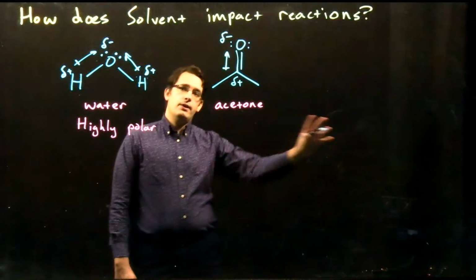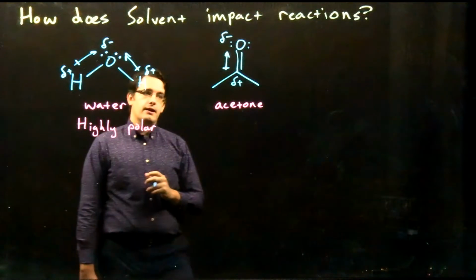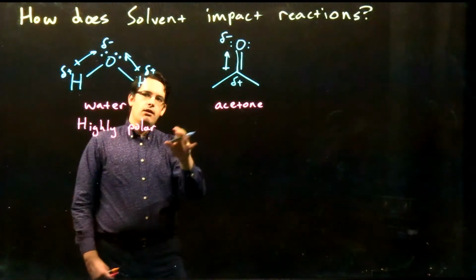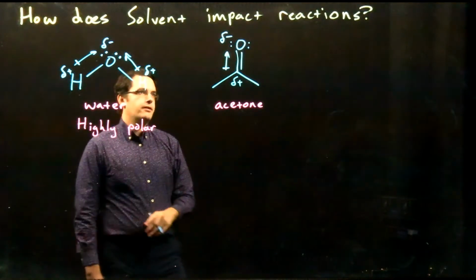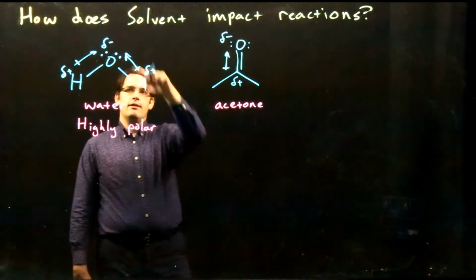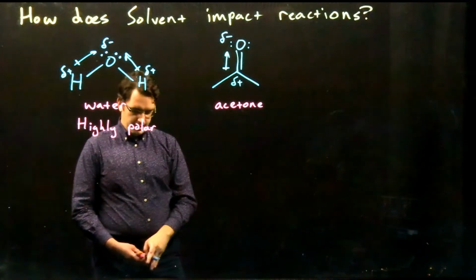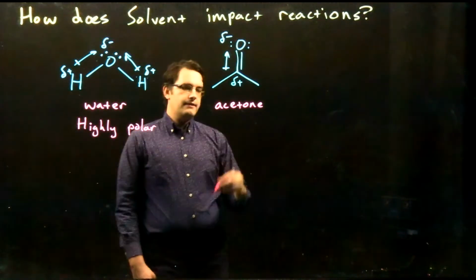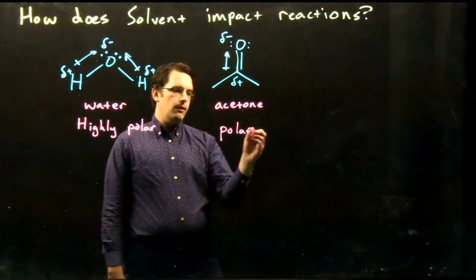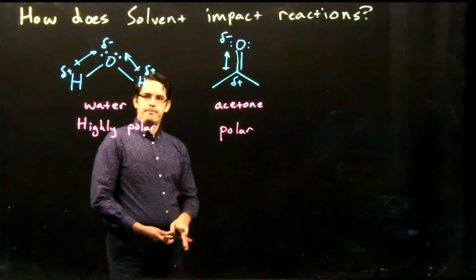So electronegativity increases as we move to the right on the periodic table. Oxygen is on the far right side, carbon's in the middle, hydrogen is on the far left. Right? So we have moderate difference in electronegativity, very large difference in electronegativity. So that makes our acetone polar, but less polar than water.